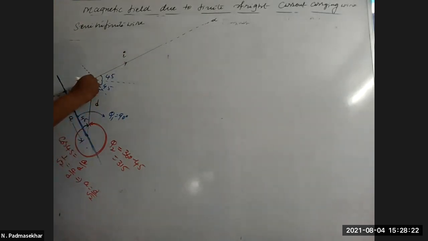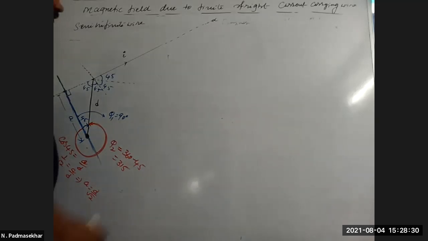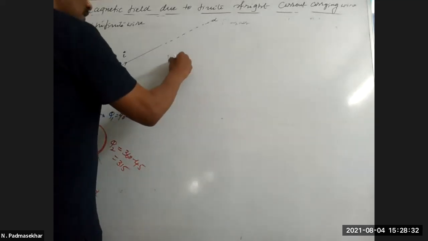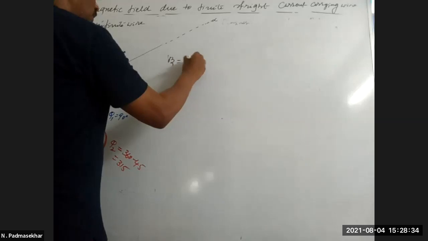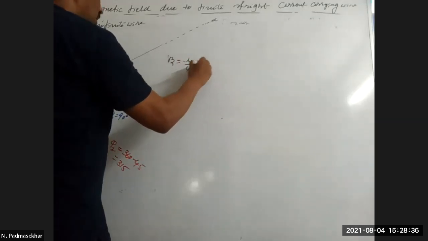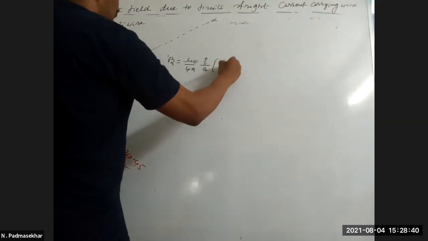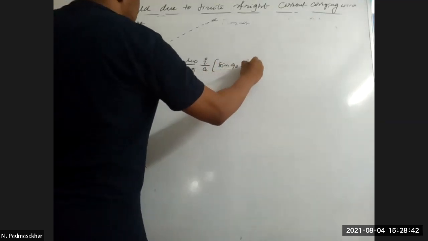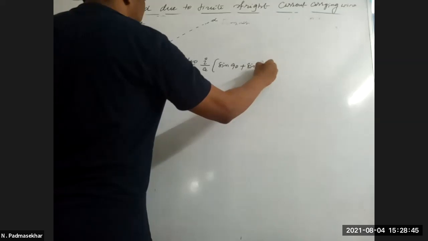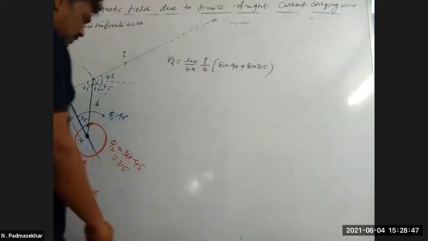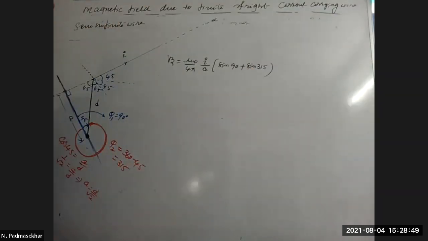Now we find the magnetic field at this point. So the magnetic field at this point, B is equal to mu naught by 4 pi I by A, sin 90 plus sin 315.